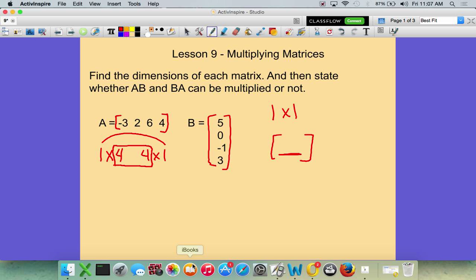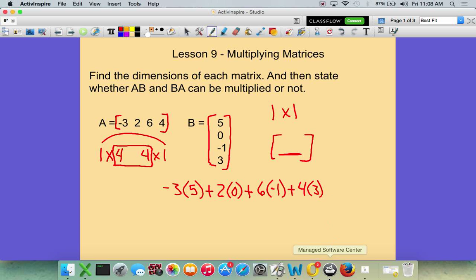And how we find that one spot is we're going to take this entire row times this entire column and add them together. So to get that one spot, we would take -3 times 5 plus 2 times 0 plus 6 times -1 plus 4 times 3.